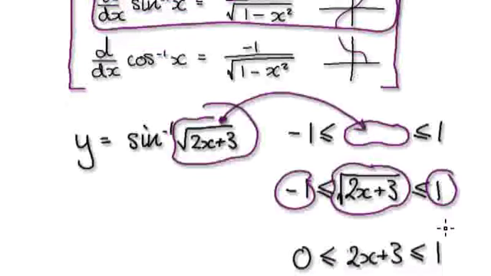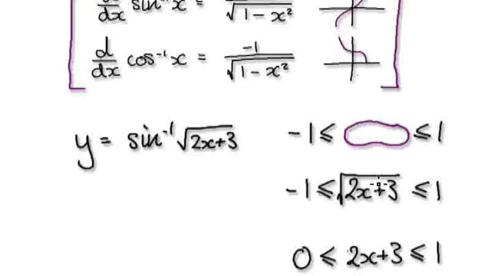But then let's translate that to x. When you square root something, it won't enter the negative realm. So the lowest point will be 0, because when you square root something, it will never enter the negative realm.